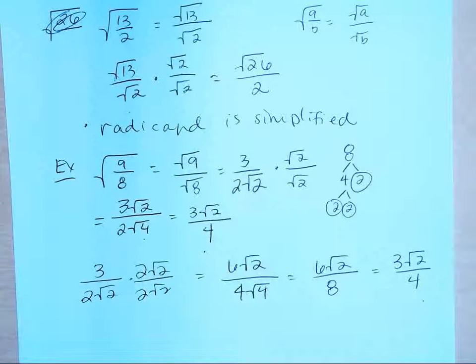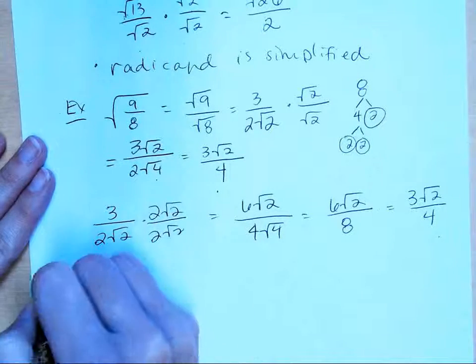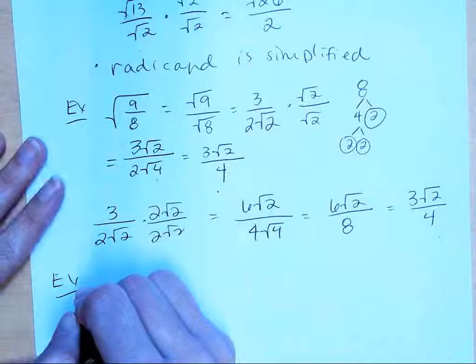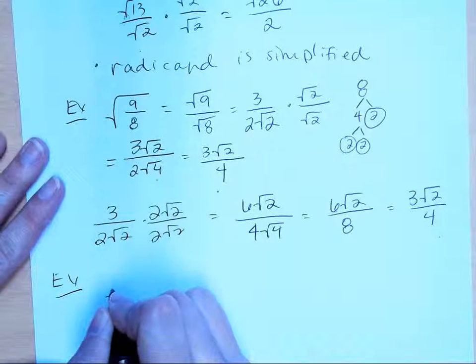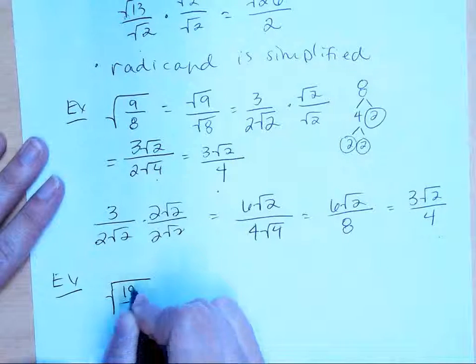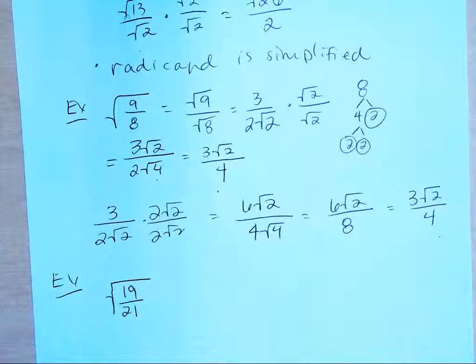Questions? You want to do one on your own? Okay. Square root of 19 over 21. Go ahead. I'll let you have time to do it and then we will check it.